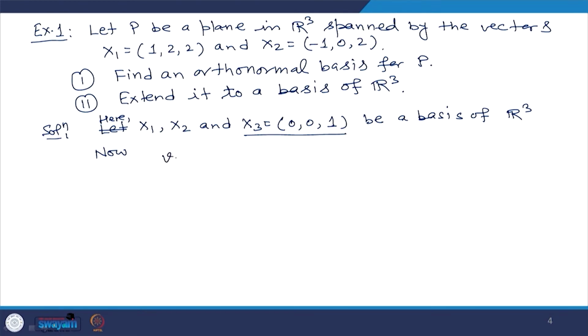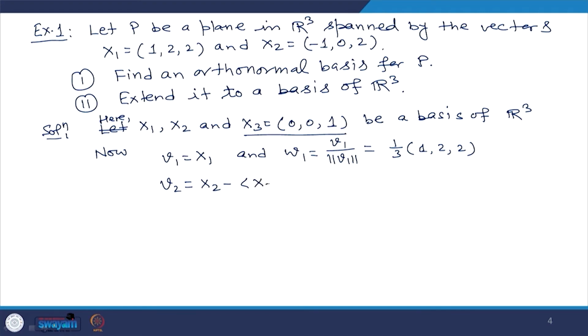Now, V1 will be your x1 and then W1 will become V1 upon norm of V1. So, what is the norm of V1? It will become square root of 9, which is 3. So, W1 is 1 by 3 times 1 2 2. Then I will have V2, that is x2 minus the inner product of x2 with W1 multiplied with W1.